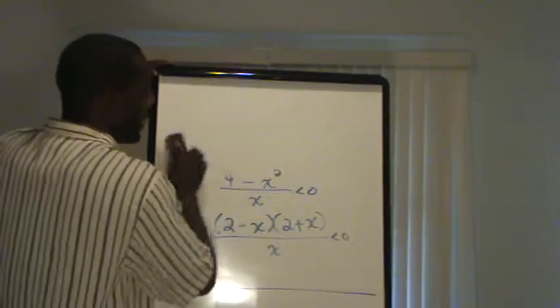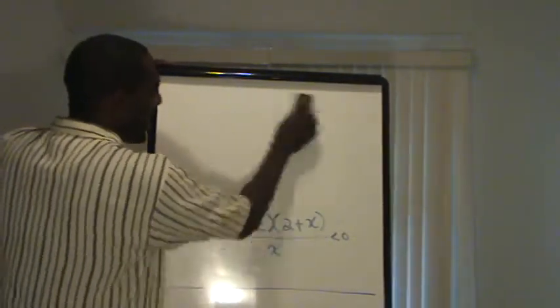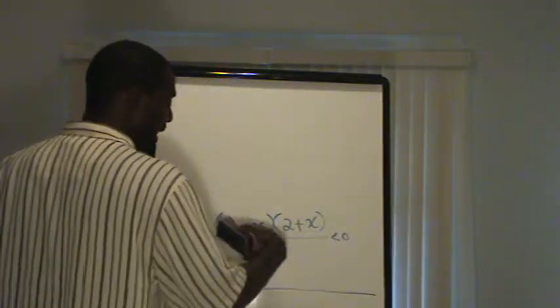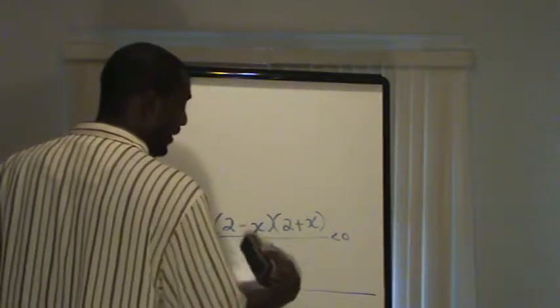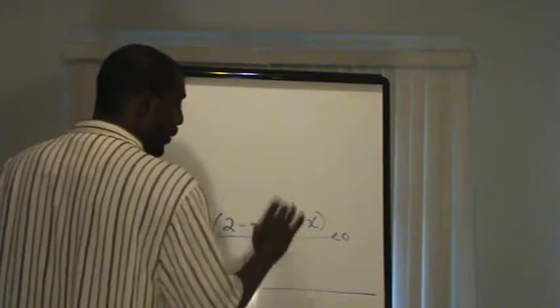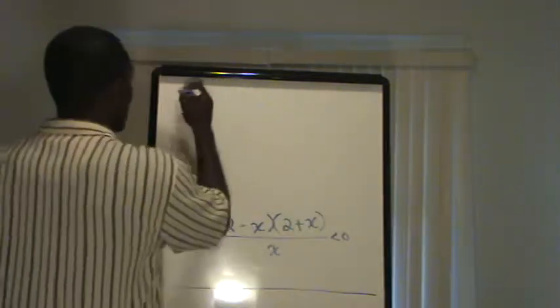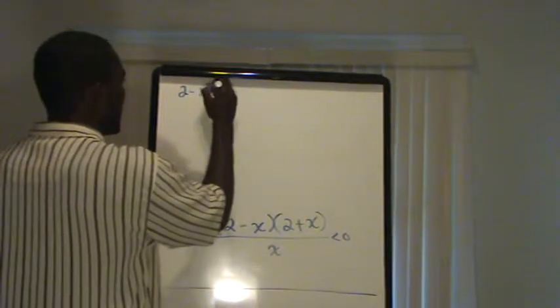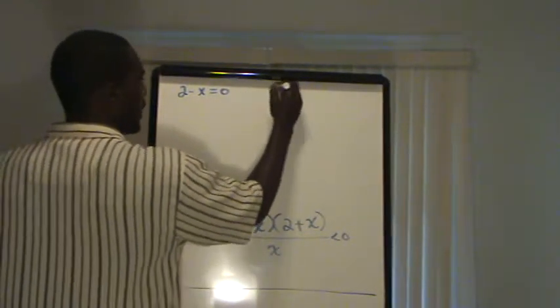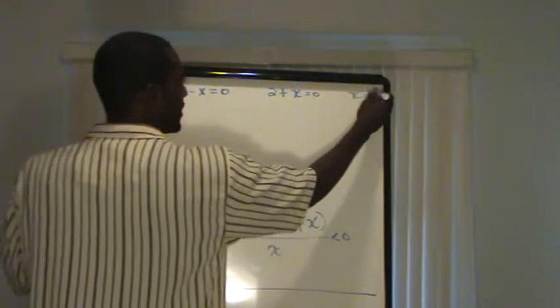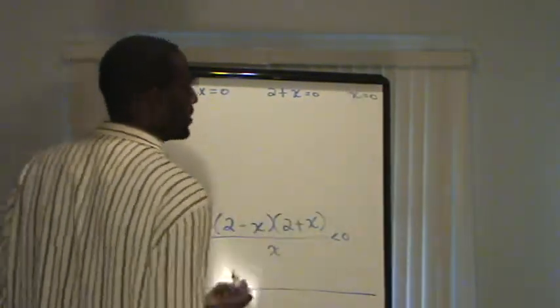Now the only thing we have to do is take all of our factors, which in this case are 3: 2 minus x, 2 plus x, and x. We set all 3 of these equal to 0 to find our test points. If we take 2 minus x, set it equal to 0, take 2 plus x, set it equal to 0, and take x, set it equal to 0, this one is already solved.